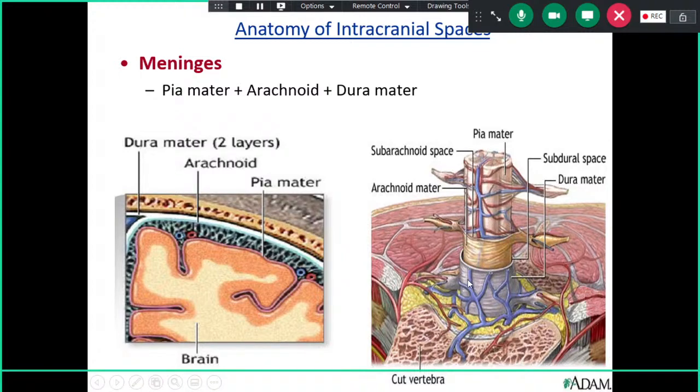Just as you can see, the dura mater, the subdural space, the arachnoid mater, and you have the pia mater, and just below the arachnoid mater you have the subarachnoid space. So this space is actually covered by the cerebrospinal fluid.